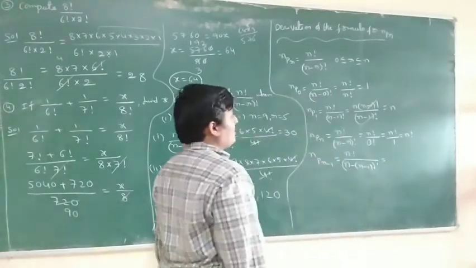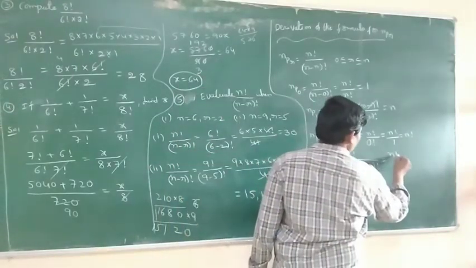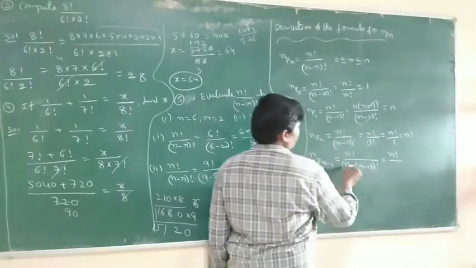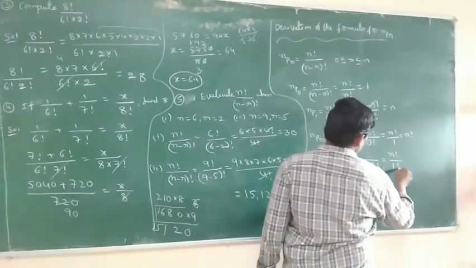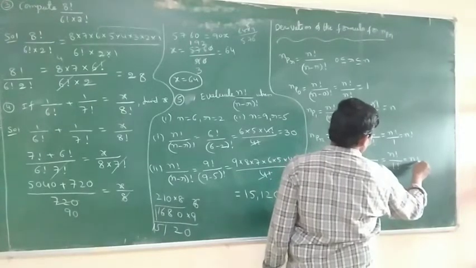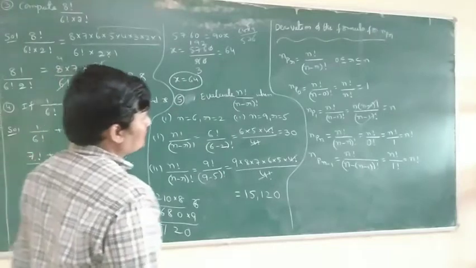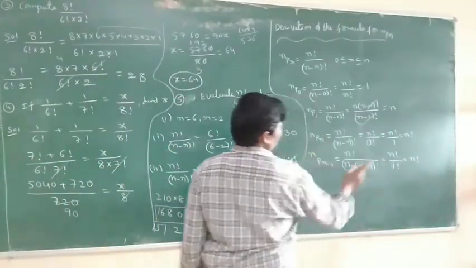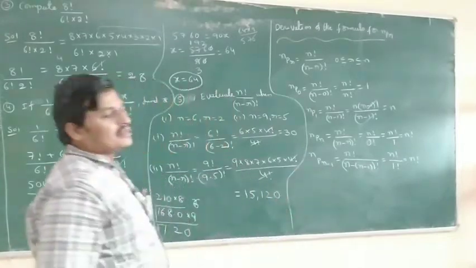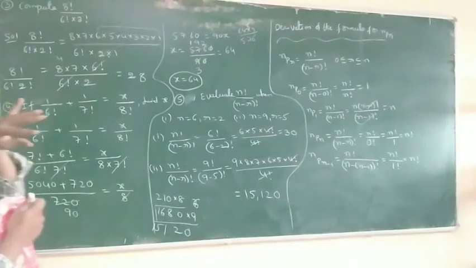So n factorial by n minus n plus 1, which is 1 factorial, so it is equal to n factorial. So n minus n cancels, leaving 1 factorial. So these are many results. In the permutation, repetition is not allowed.